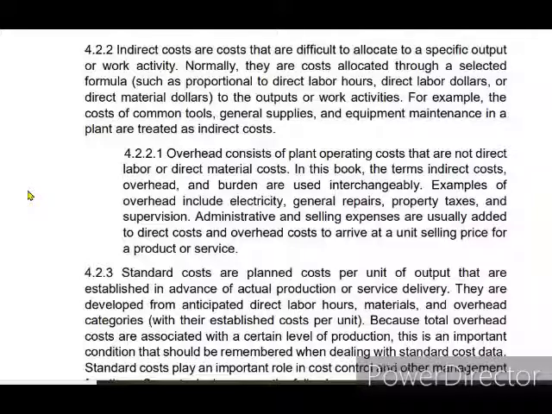Examples of overhead include electricity, general repairs, property taxes, and supervision. Administrative and selling expenses are usually added to direct costs and overhead costs to arrive at a unit selling price for a product or service. So those are additional costs.